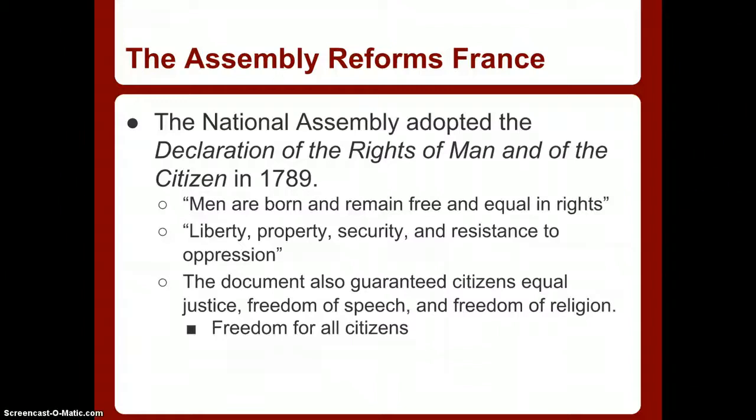So essentially what this document guarantees is that citizens have equal justice, they have freedom of speech, freedom of religion, and this is going to be something that's implemented for all citizens. This is very different from what the Declaration of Independence talked about in the American Revolution, where it was implied that more freedoms are given to powerful white male landowners in North America.